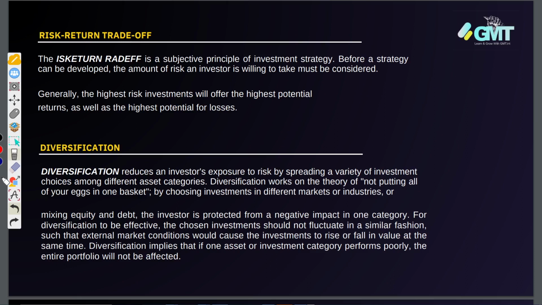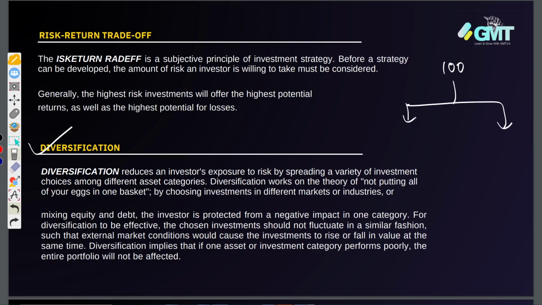So define the investor's risk appetite and reward expectation. On the basis of that, you can design the investment strategies. And then what about diversification? Diversification is also one of the big factors where you can diversify the investment. For example, let's say you have 100 rupees, right?